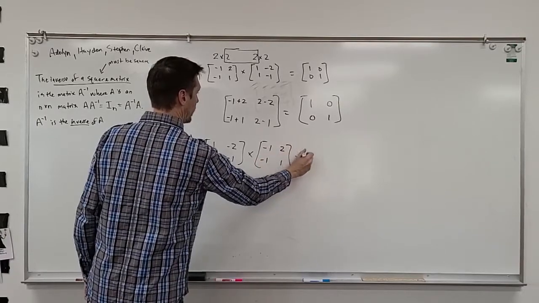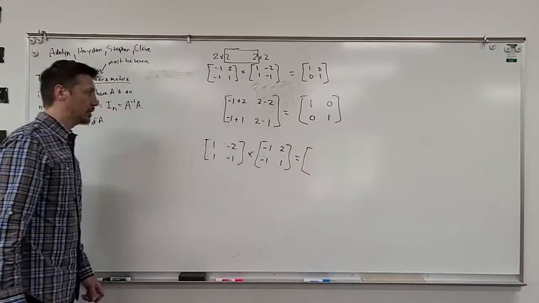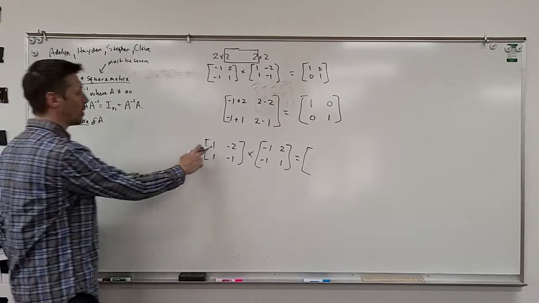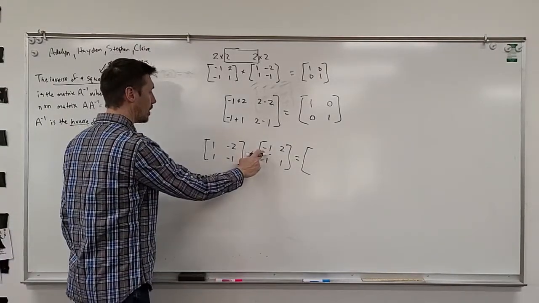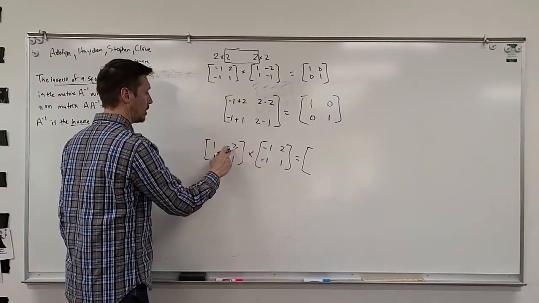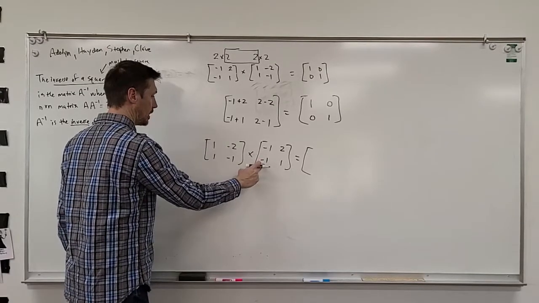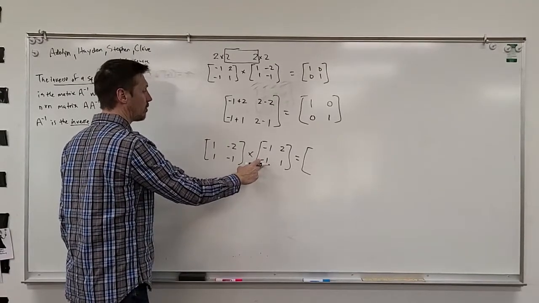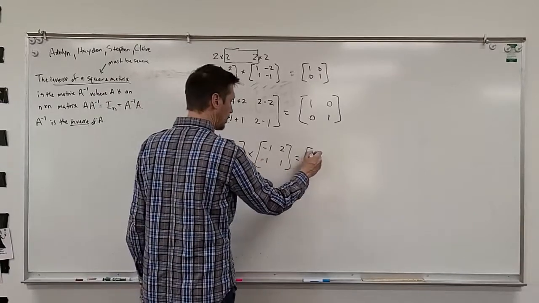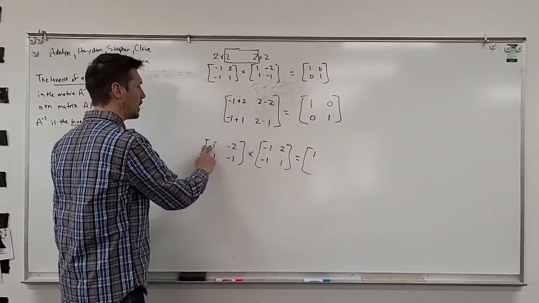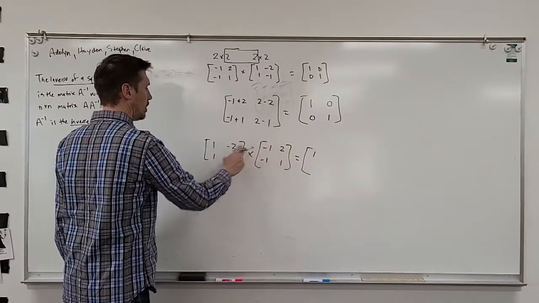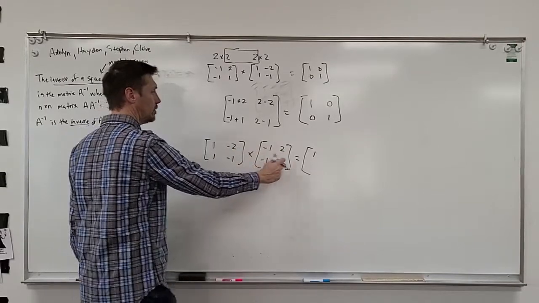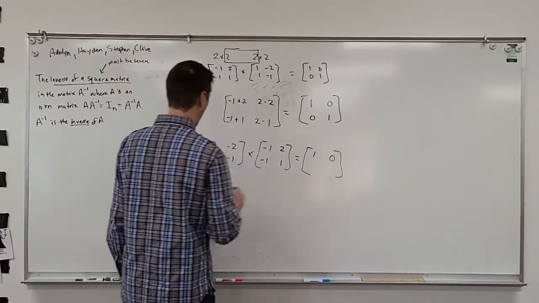All right, and we're going to do this in our heads. 1 times negative 1 is negative 1, plus negative 2 times a negative 1 is a positive 2. So negative 1 plus a positive 2 is going to be 1. Negative 1 times 2 is 2. Negative 2 times negative 1 is negative 2. So sure enough, we get a 0 here.